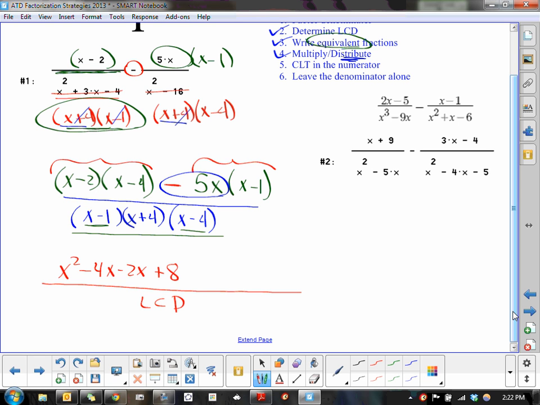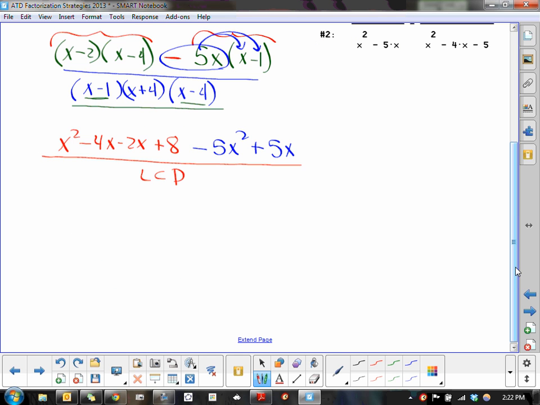So if we distribute this, what do we end up with? Negative 5x squared plus 5x. That's the only difference we have between addition and subtraction right there. So if it was binomials, you distribute the negative to the first pair of parentheses first, and then you do that next time.